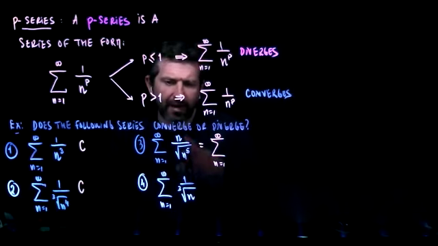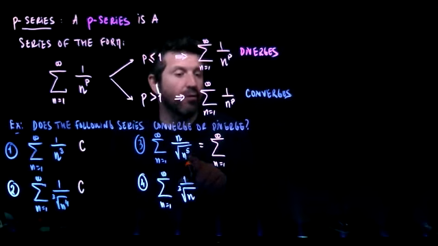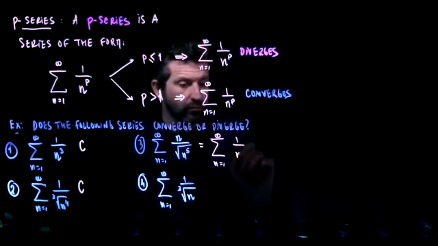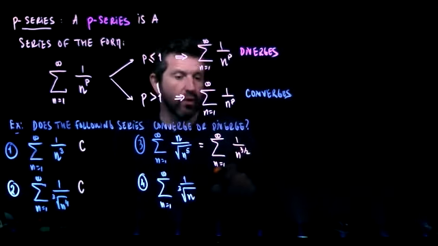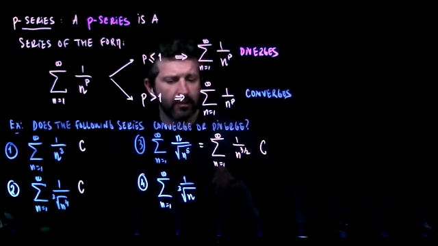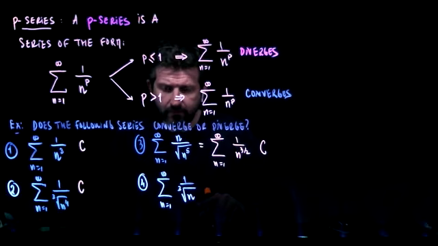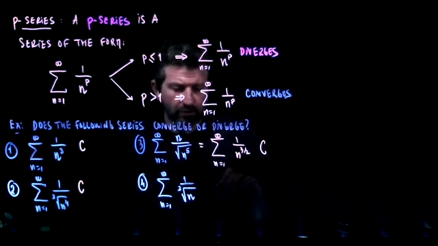If I simplify, this is n to the power 5/2, so it will be n over n to the 5/2, which is 1 over n to the 3/2. Again greater than 1, so it converges. And this one, converge or diverge? Diverges, perfect.